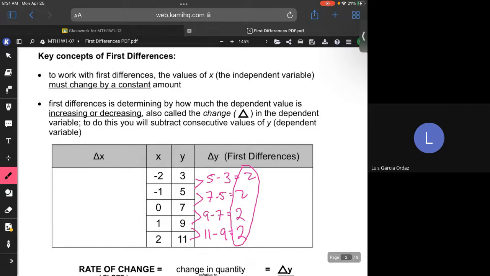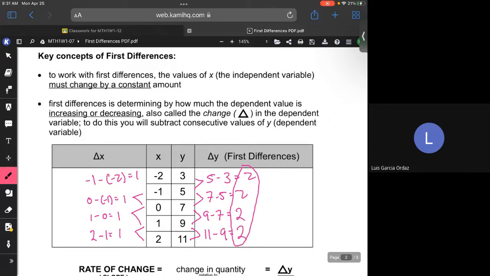Because it's changing constantly. Now I need to find my changes in x. So what's 2 minus 1? Okay, 1 minus 0. 1. 0 minus negative 1? Nope. 0 minus negative 1. 1. And then negative 1 minus negative 2. 1.